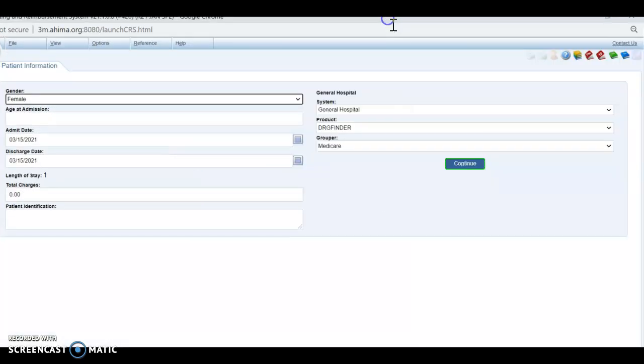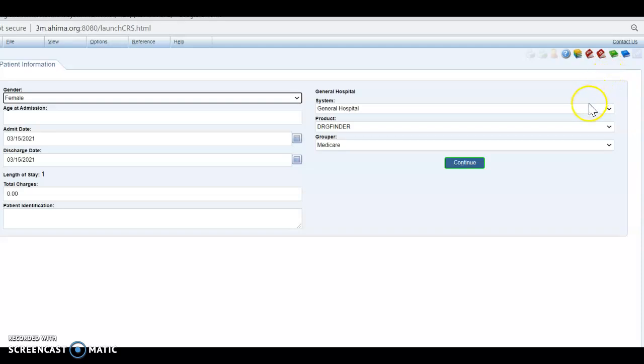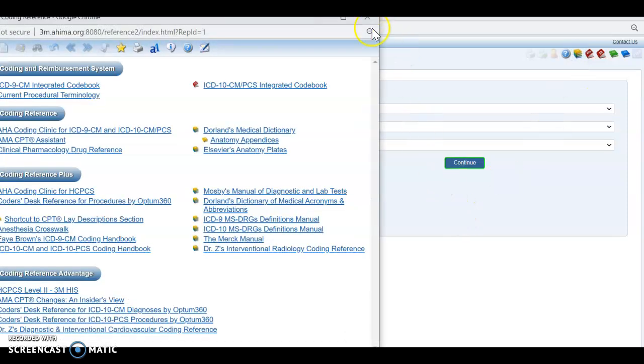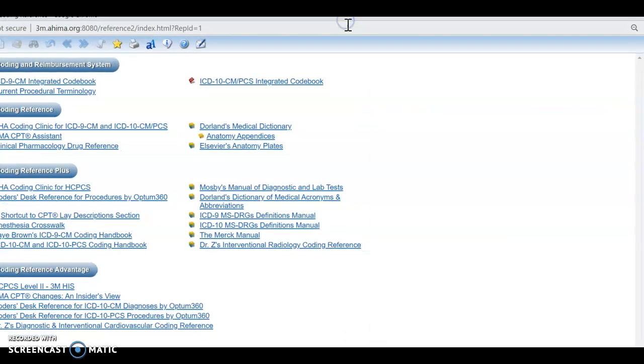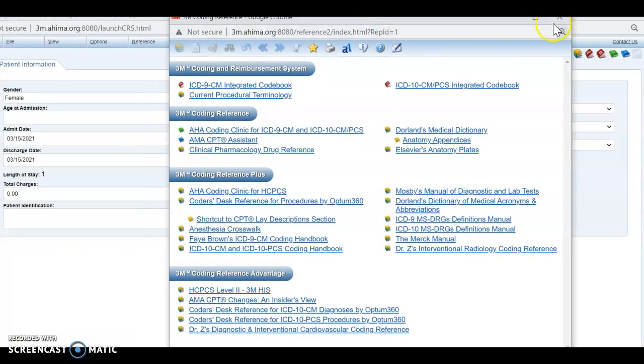Okay, and it's the same logon that you had, NEI001. Password, AHEMA, all caps, pound 19. And we are just going to go to these yellow books. Okay, I'm going to make my screen bigger. I just want to kind of show you the actual CPT book.